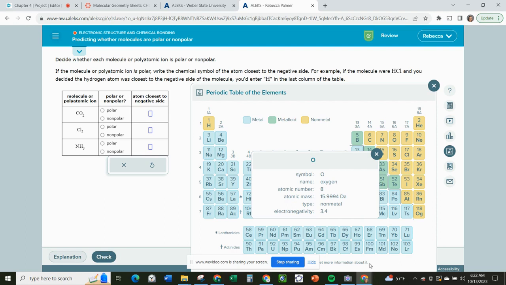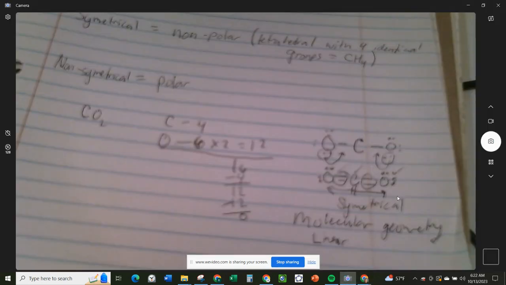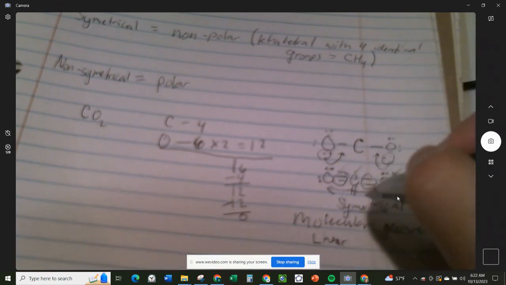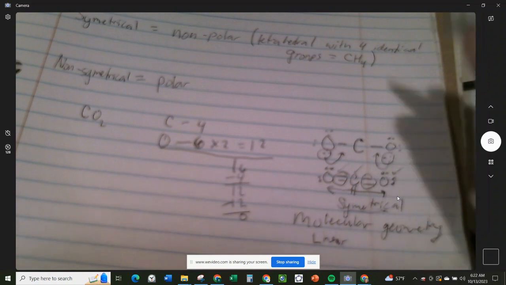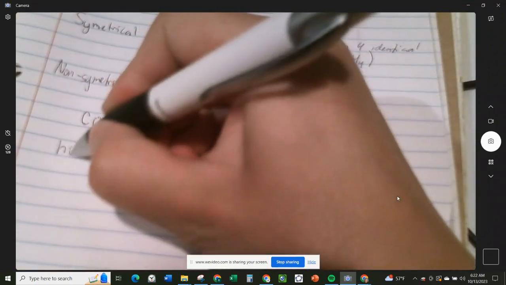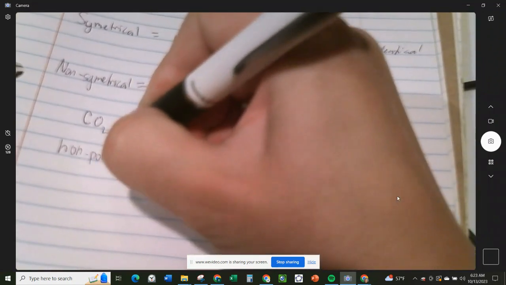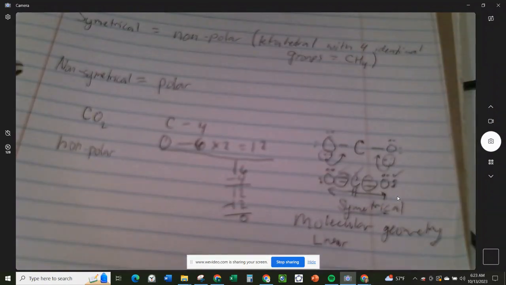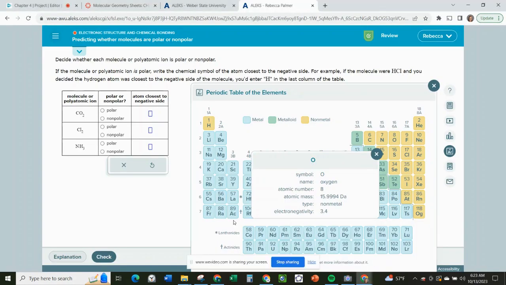So yes, we do have polar bonds, but because those polar bonds are symmetrically pulling against each other, they're going to cancel out, and this is going to end up being a nonpolar molecule because it's very symmetrical. If this is tricky for you, I would probably put a few of these examples on my note card so that you have some examples to reference on the test.